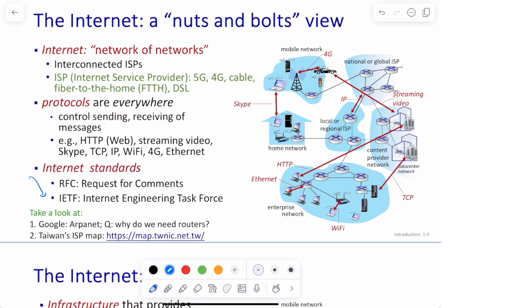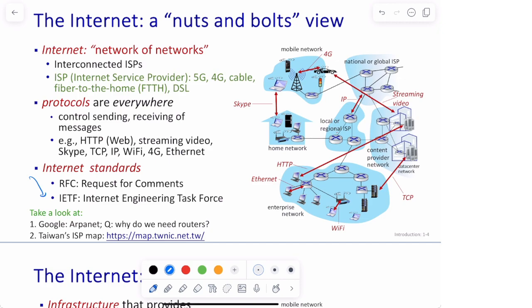But actually, governments and those organizations have already defined what the sixth generation cell phone should be, and further, the seventh generation, 7G, and different organizations will submit their RFC documents to the IETF. So every standard is publicly available to everyone.